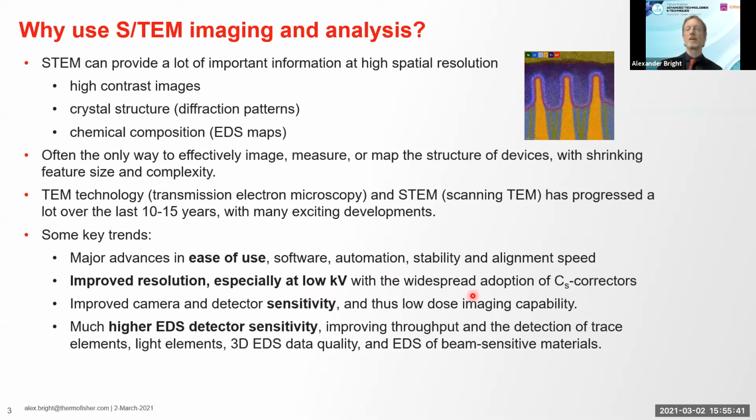And this, of course, is very much enhanced by the use of aberration correctors. Also improved camera and detector sensitivity, which helps with low dose imaging, and much higher EDS detector sensitivity. So we get better throughput, better detection of trace elements, light elements, and it's also very powerful for 3D EDS and EDS of beam sensitive materials.